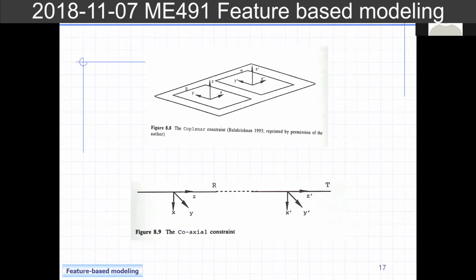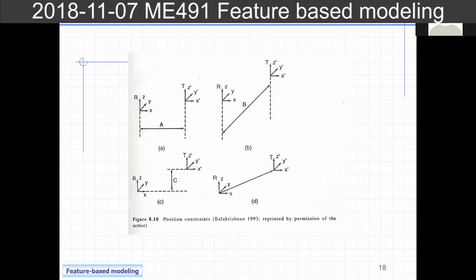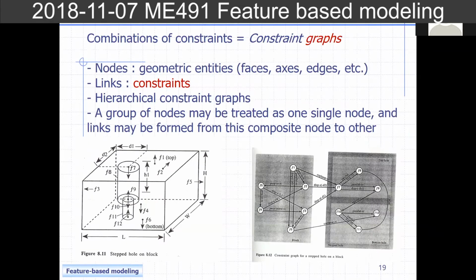Figure 8.9 shows a coaxial constraint set. And this picture shows position constraint examples. So there is a set of constraints defined in the ISO standard. And then we arrive at the definition of a set of constraints. So we can say this is a combination of constraints.